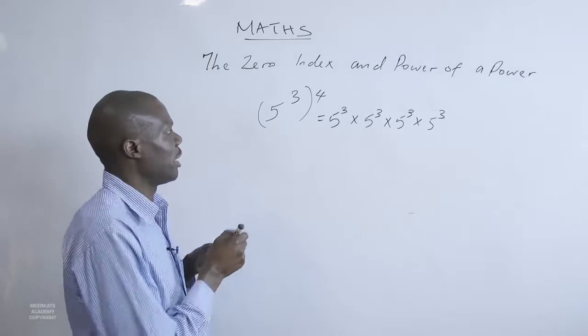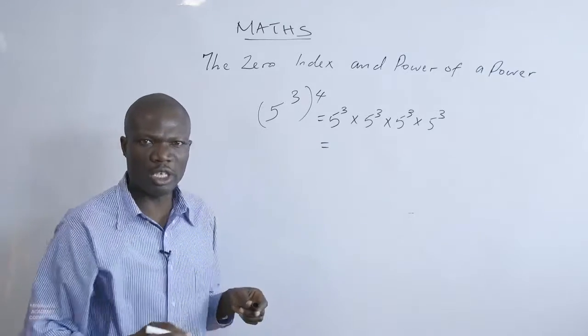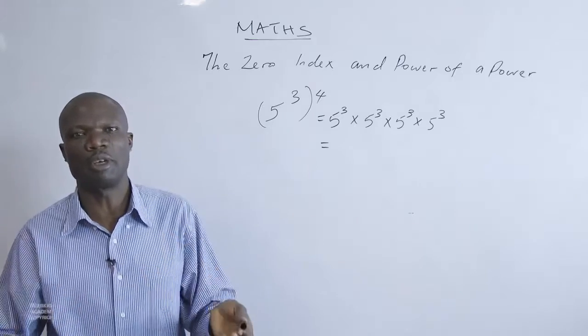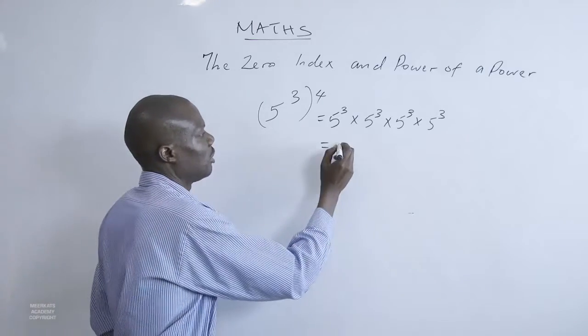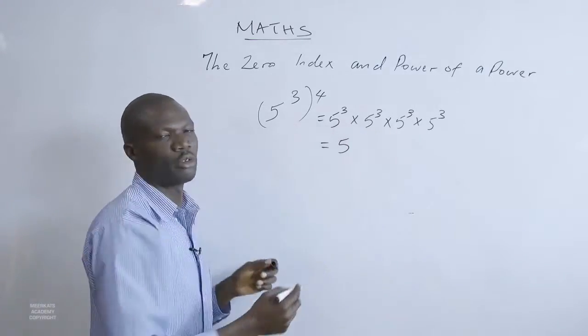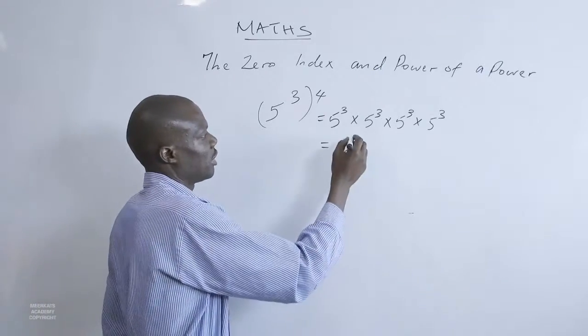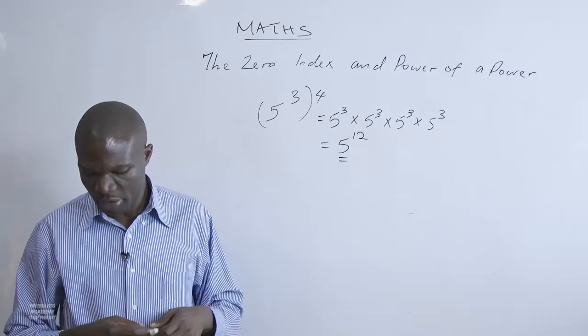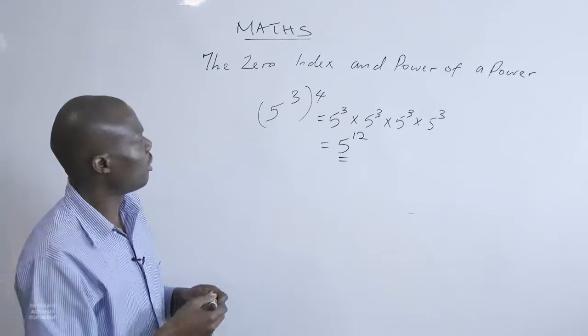By the law of multiplication of indices, if the base is the same, we add the powers. Adding gives us 12, so this is equivalent to 5 to the power of 12.